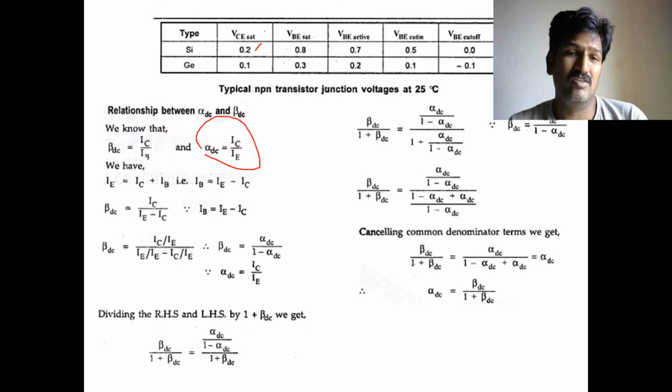Then alpha DC you can also write like this, IC divided by IE.